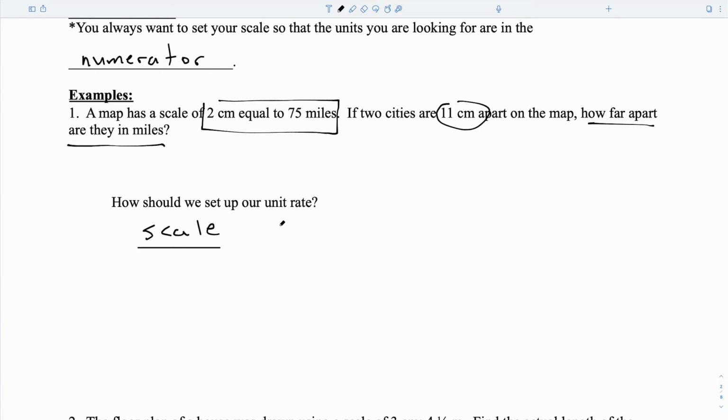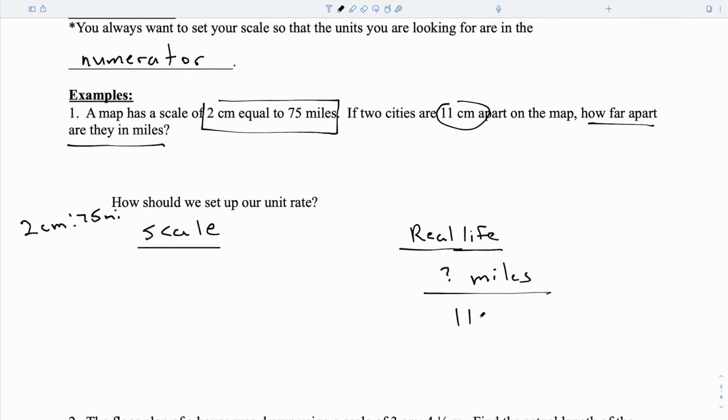We have the scale. Your scale is 2 to 75. And then we're going to set up the real world situation. We're looking for how far apart they are in miles, so miles is on top. That means that 11 centimeters goes on the bottom.